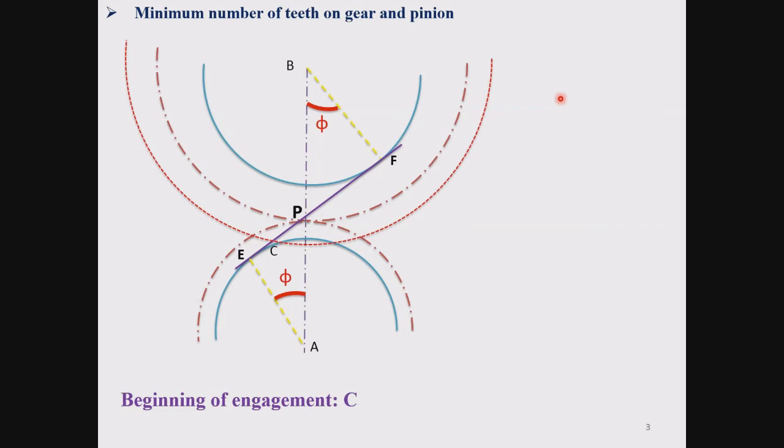This addendum circle intersects the pressure line at point C, where a pair of teeth comes in contact with each other. So mark the point C as the point of intersection of addendum circle of gear 2 and the pressure line EF.